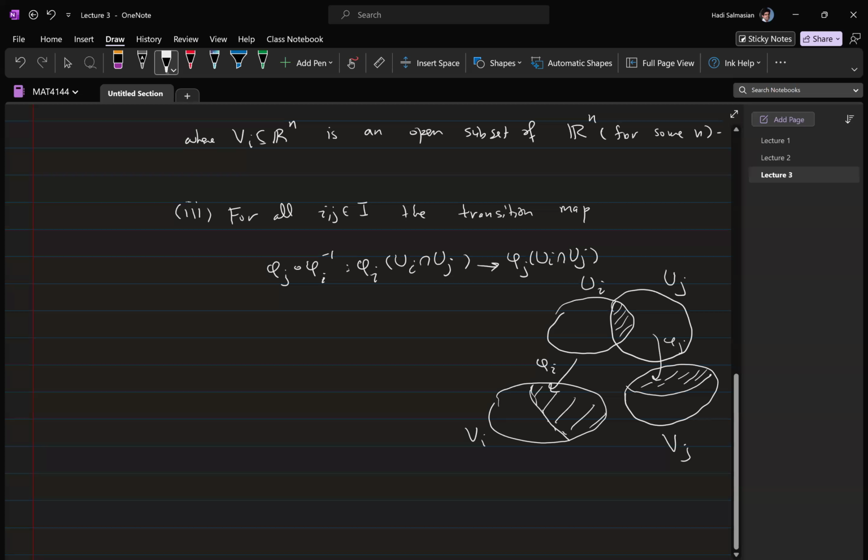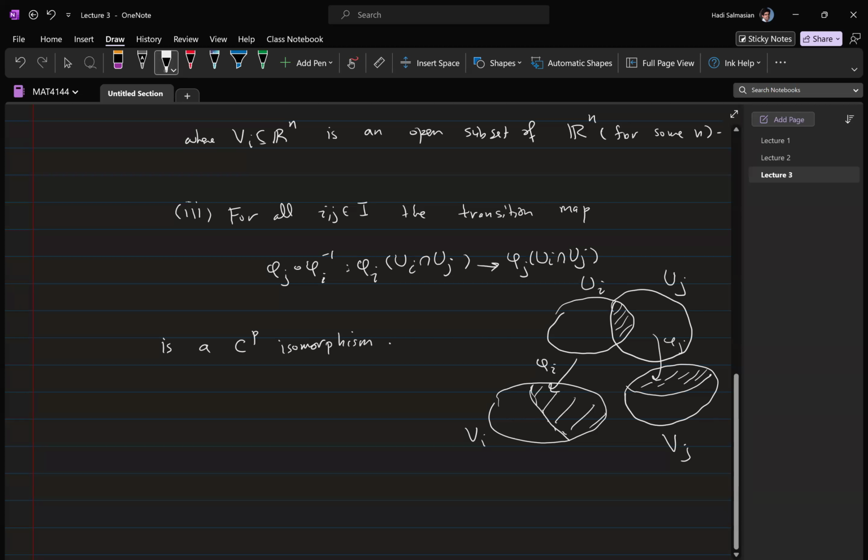So we want the transition map, which is now a map from some subset of Rn to another subset of Rn. Maybe different n's or maybe the same n, but as I said, for connectedness reasons, they will be the same. You can actually show that they are the same. So we want this transition map to be a Cp isomorphism.